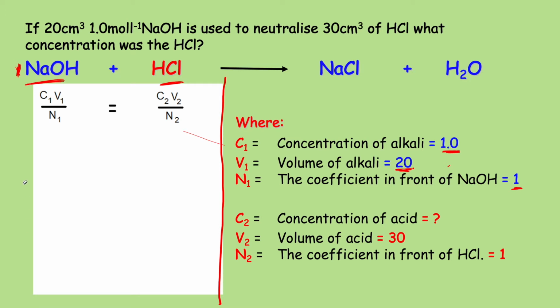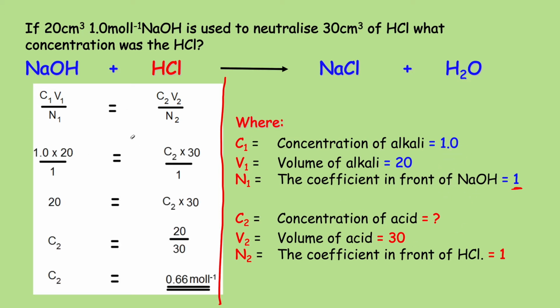All you have to do is put all the numbers that are over here into this equation here. Okay, now if you do that, it would follow along like this.